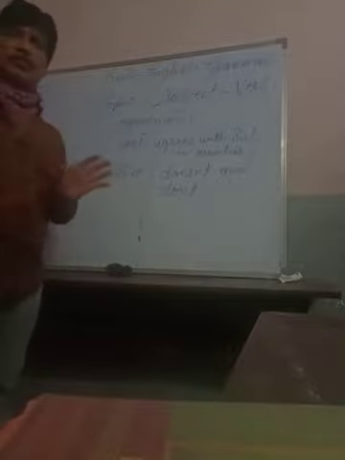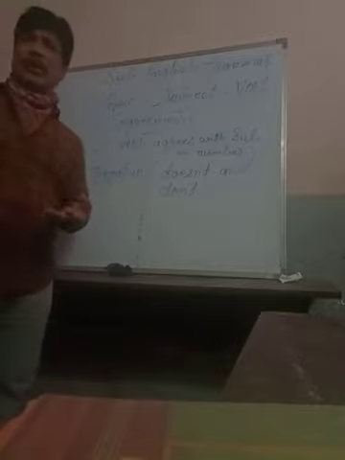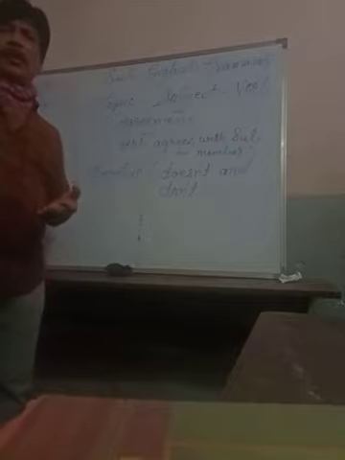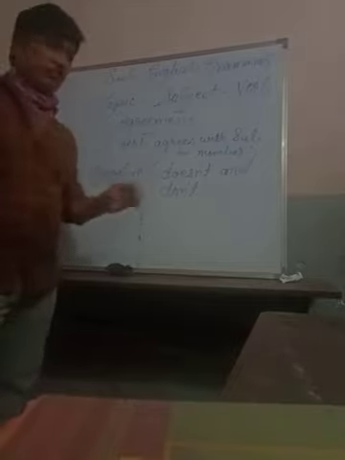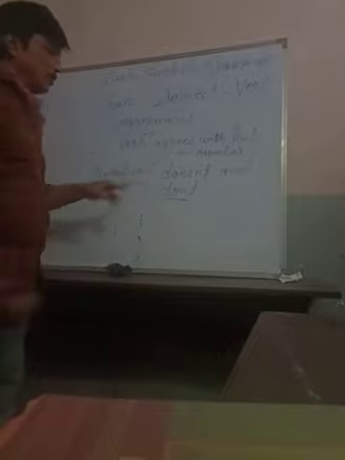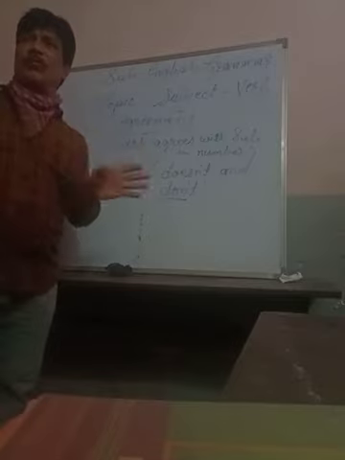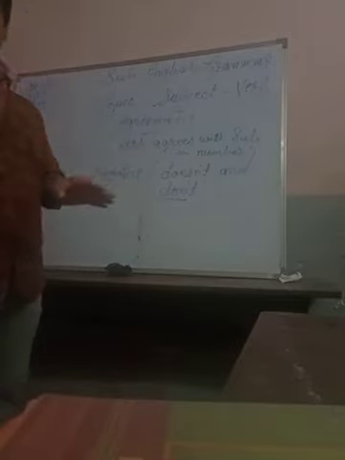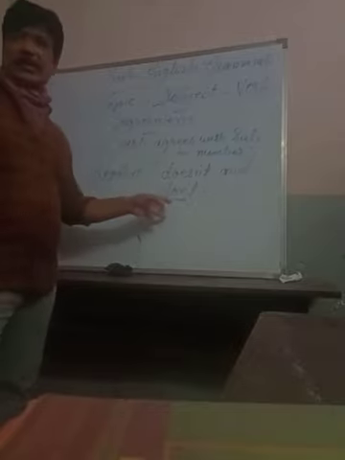I am talking about the simple present tense because we can recognize how the verb is agreeing with the noun in the simple present tense only, because don't is taken with the plural form and doesn't is taken with the singular form. That is the difference between them. So we have to be careful while using these phrases.